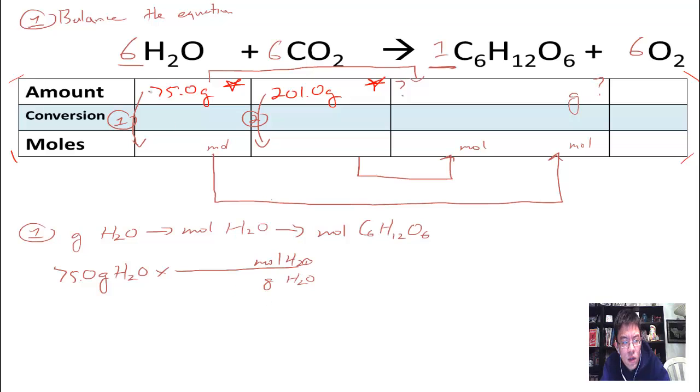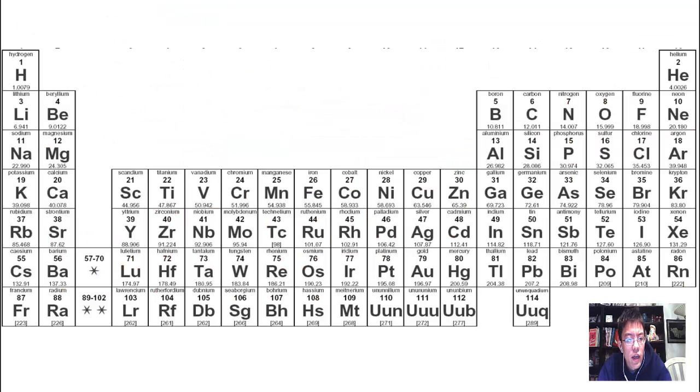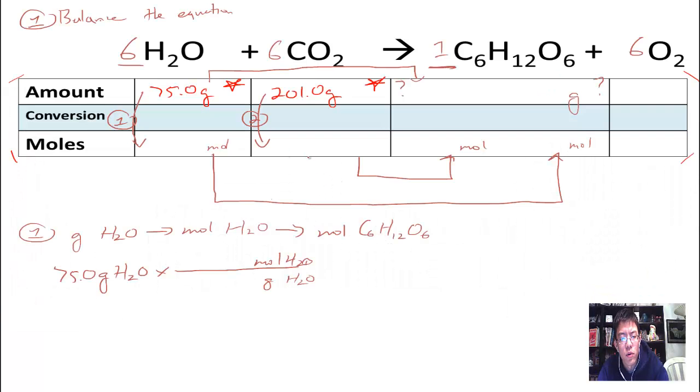And I know my conversion from grams to moles, I need the molar mass, and that's from the periodic table because I'm going from mass to moles, right? So I'm going to take a look at my periodic table. I know I need the molar mass for H2O. H has a molar mass of about 1.008, or if I want to round even more, 1.01, and O is 15.999, or about 16.00.